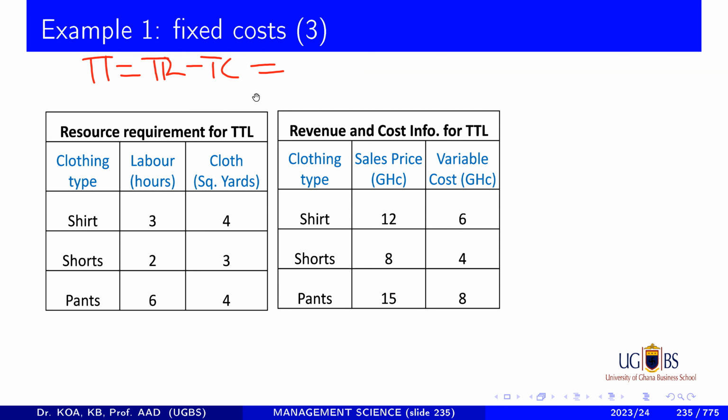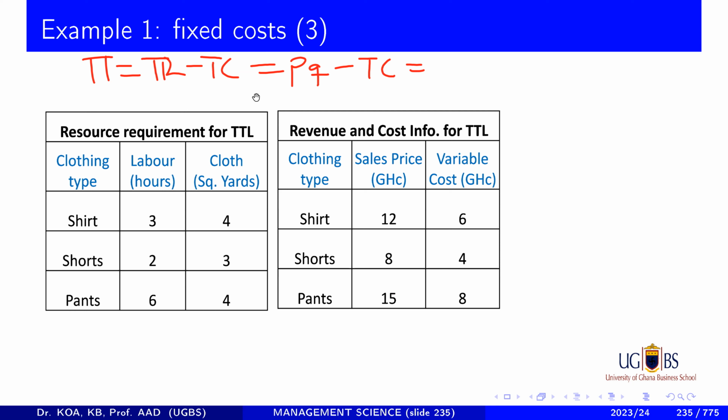Here, our price is the sales price obtained from the production of each clothing type. What is the sales price here for each clothing type? And then, of course, the other one too is going to be total cost.